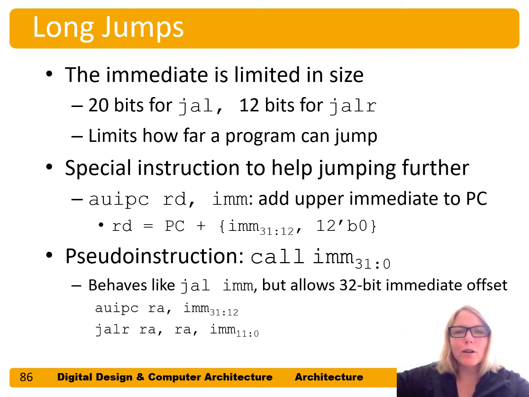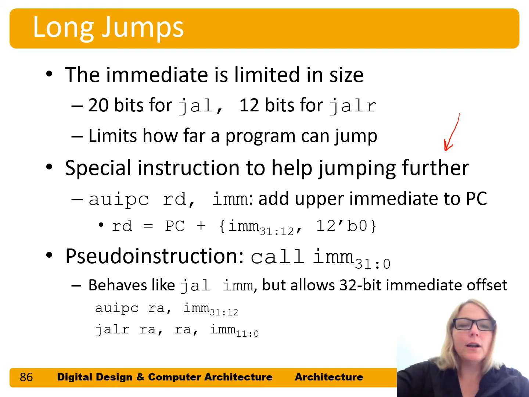As we talked about before, immediates are limited in size. So we have a 20-bit immediate for jump and link and a 12-bit immediate for jump and link register. So this is going to limit how far our program can jump. So if we want to jump further than can be encoded in those immediates, then we can use 2 instructions, add upper immediate PC.